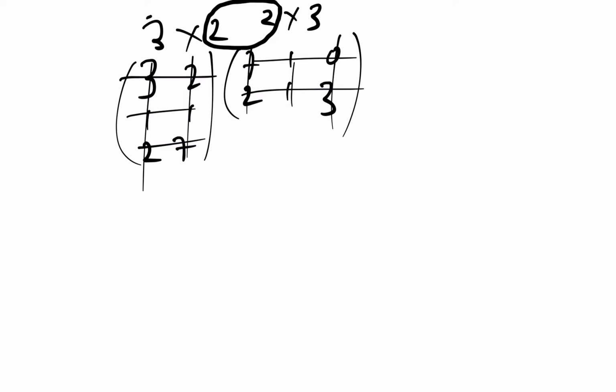Now we use the outer values to determine that. So we're expecting our answer to be like this, 3 rows and 3 columns. That's the answer we're expecting.